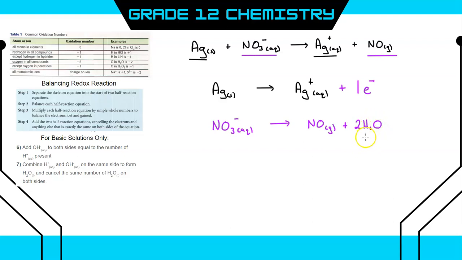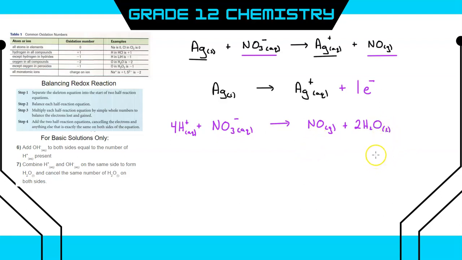And now we have to balance hydrogen. We're going to do that the exact same way. So we have 4 in our products, so let's add 4 hydrogen ions into our reactants. Okay, so we've balanced the nitrogens, the oxygens, and the hydrogens.